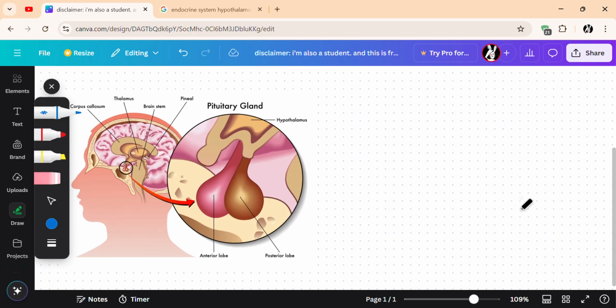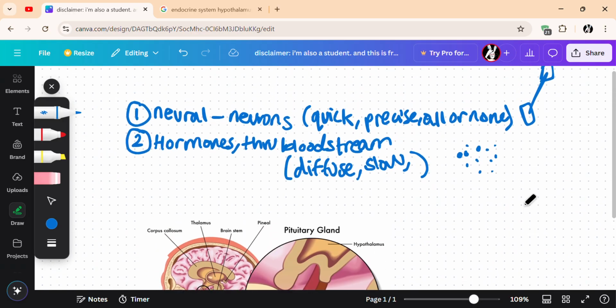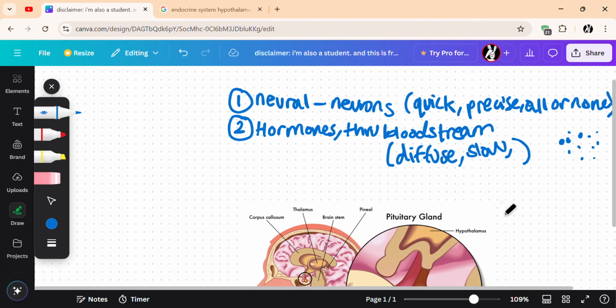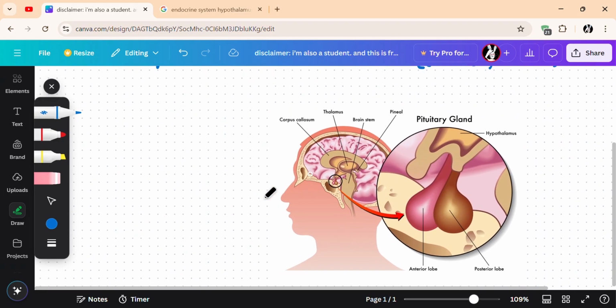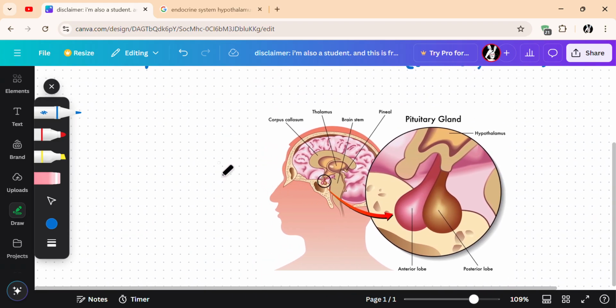Okay, so today we're going to be going over two specific structures in the endocrine system. The endocrine system is based on using hormones to communicate. The specific structures we're going to be talking about are the hypothalamus and the anterior pituitary.